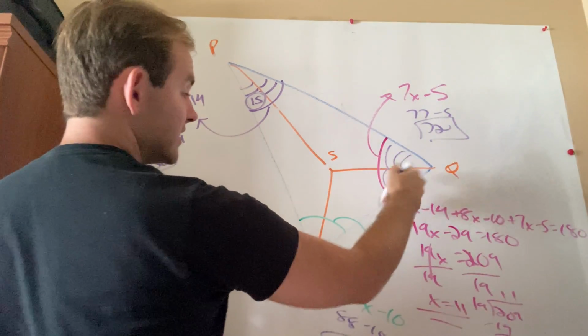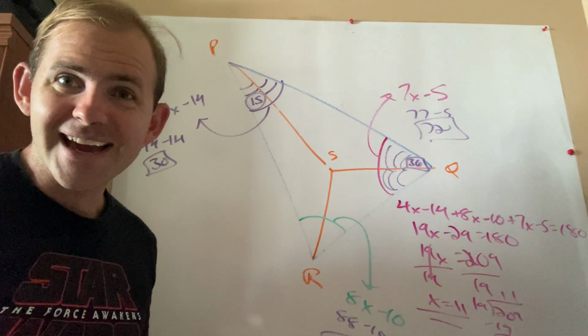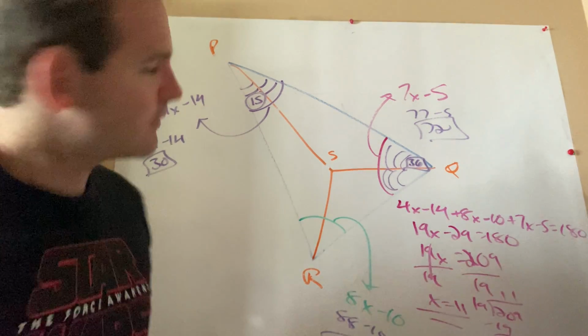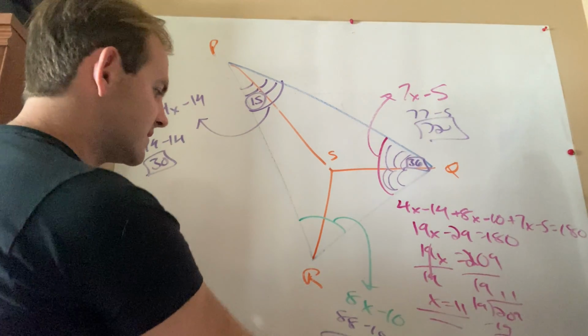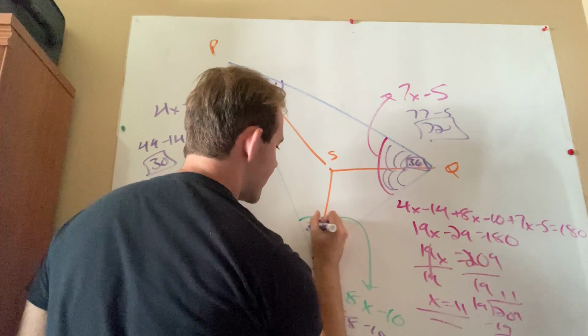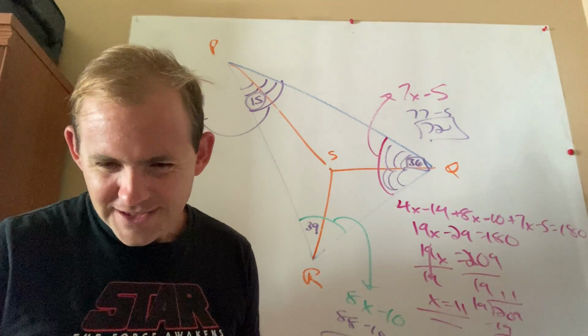So the whole thing is 72, so that means that this small piece is 36. And then they ask me for PRS over here. Whole thing is 78, and half of 78 would be 39.